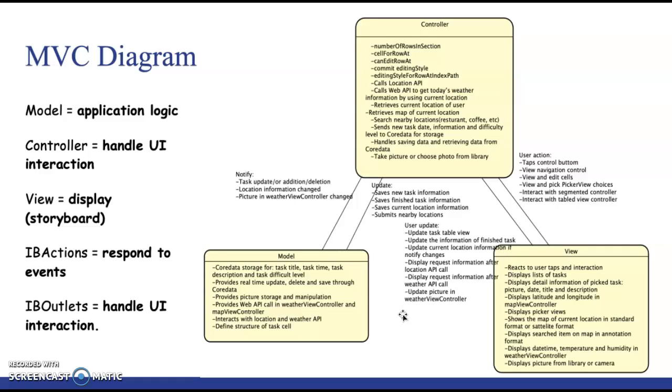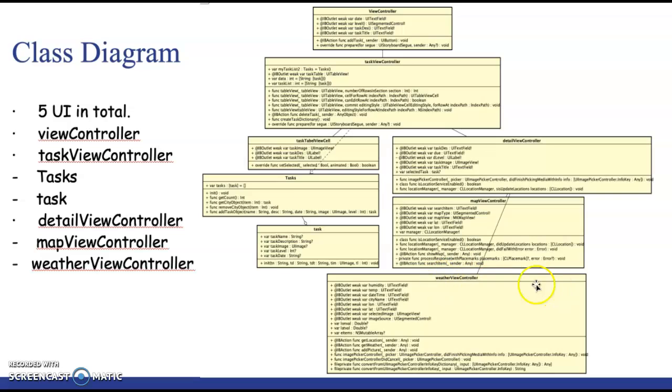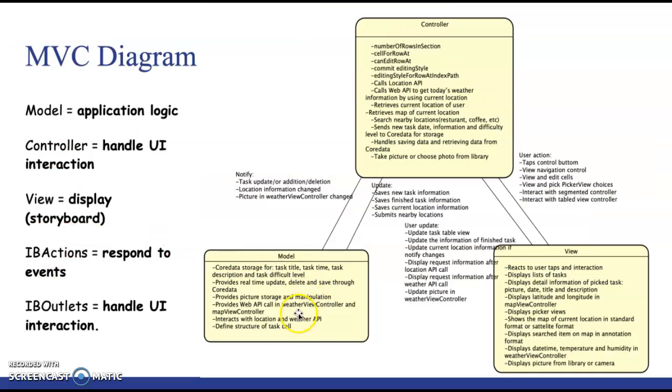So the real-time update is that the user can add a task and also delete the finished one. It also provides picture storage and manipulation, which means students can take a picture from the weather view controller, and it provides web API calls in the weather view controller and map view controller.